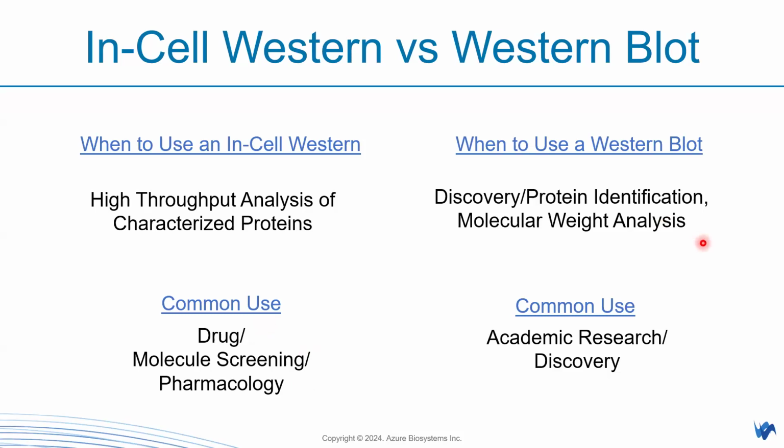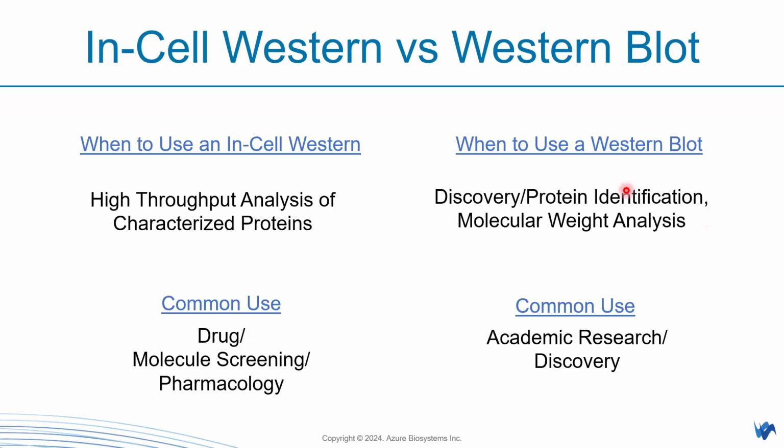And Western blot, on the other hand, which is a very generic technique we use in most labs, is very good for discovering new, novel, or uncharacterized proteins that are not well known. So we can identify a new protein or characterize a protein, or do molecular weight analysis of that target protein itself.